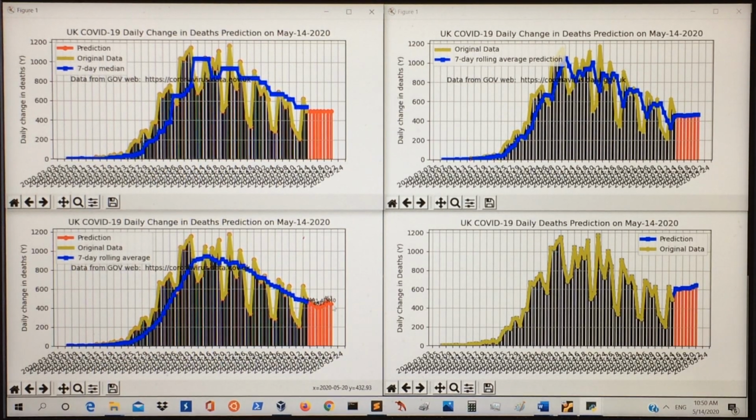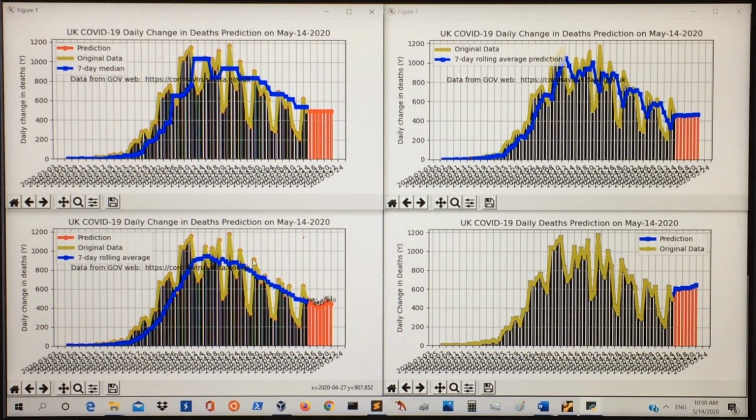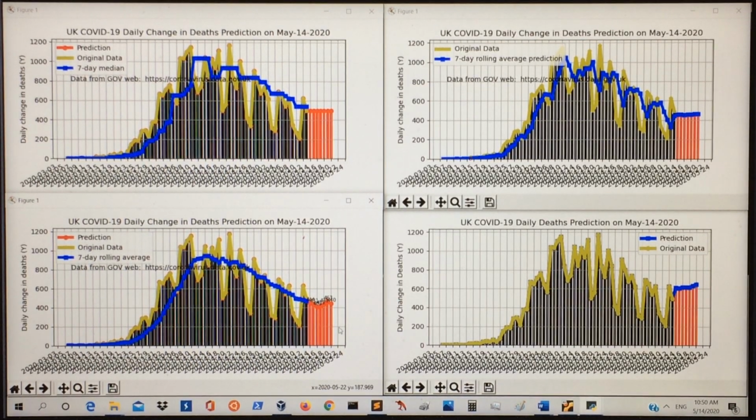And then the prediction bit is here, wavy, which to me seems like the most accurate, because Tuesday, Wednesday, and then Thursday, Friday, Saturday, Sunday, Monday, and then on Thursday I go to predict lower deaths.